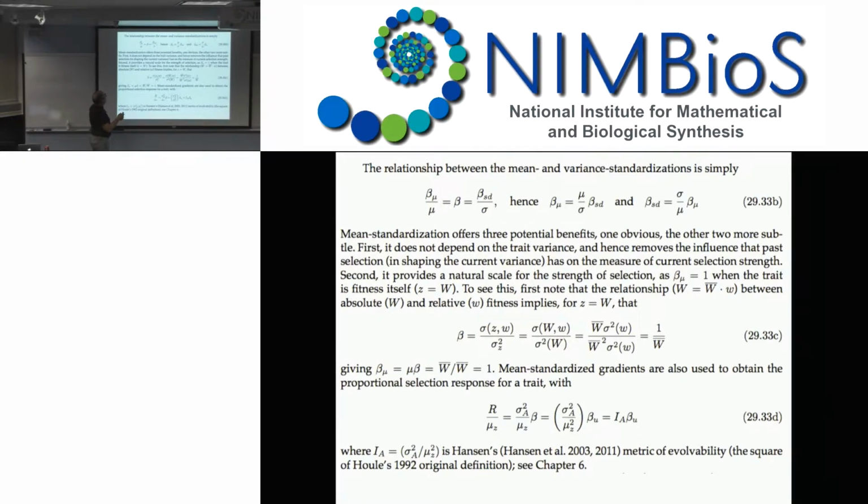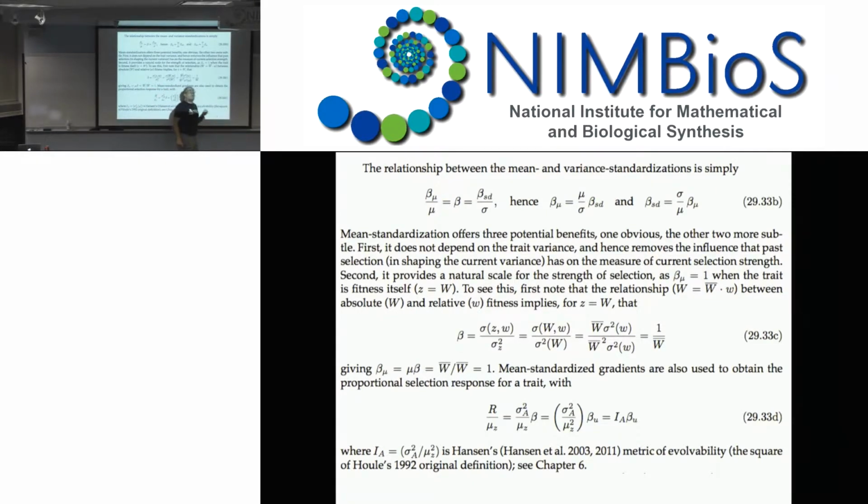So why might you do that? Well, here are the relationships between unstandardized, variance standardized, and mean standardized. One of the reasons to use mean standardization is that if the trait is fitness itself, then under mean standardization, beta has a value of 1.